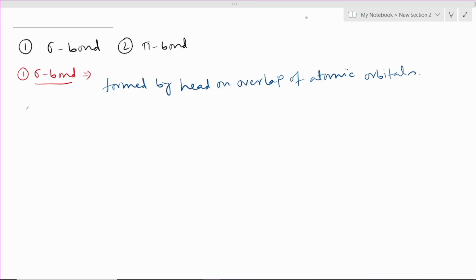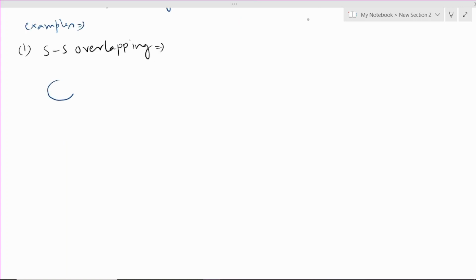We'll understand by some examples. s-s overlapping: suppose it is a 1s atomic orbital and it is another 1s atomic orbital.